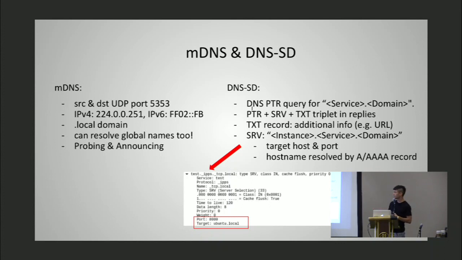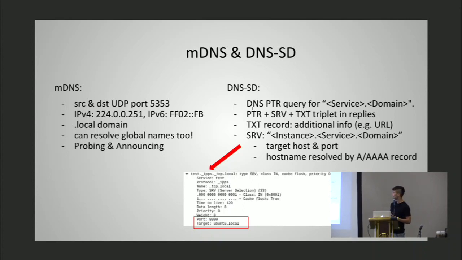There are two phases, probing and announcing, that we're going to inspect later. It works in tandem with DNS service discovery, so you almost always see these two protocols together. DNS-SD is a way for devices to announce what services they can provide on the network. For example, if there is a printer and it wants to announce that you can send print jobs on this URL, on this IP address, on this port.